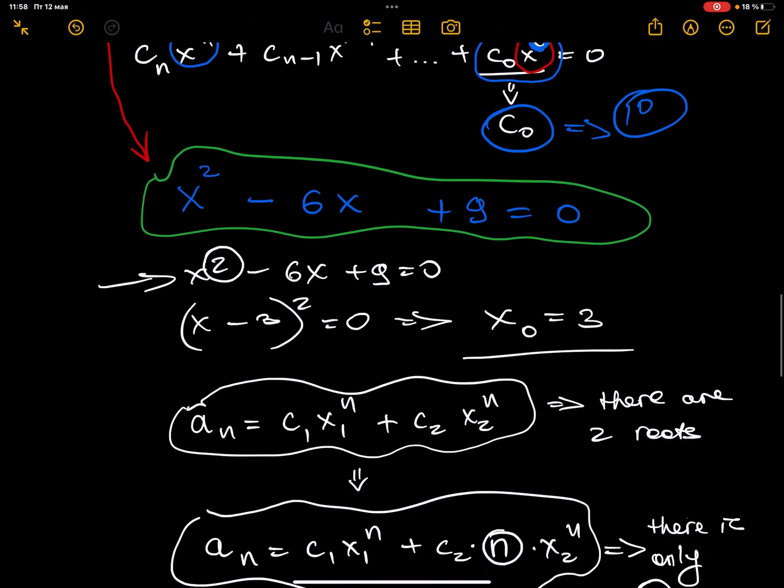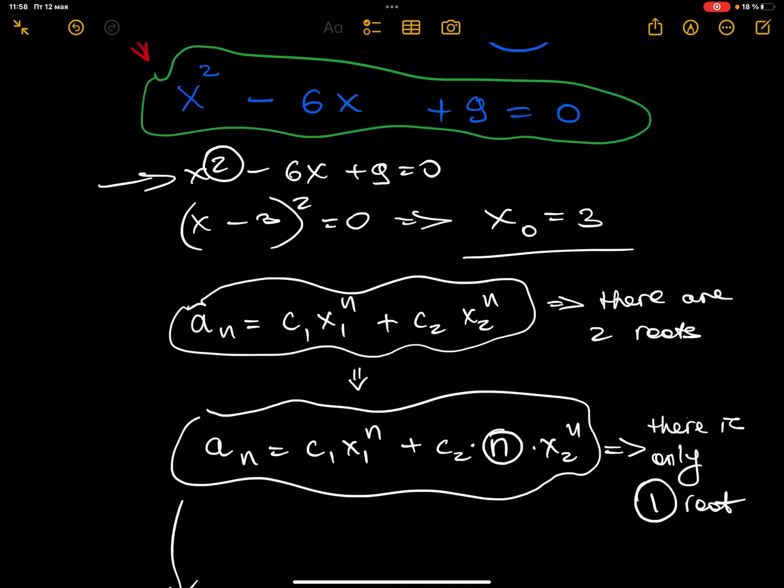A second order polynomial equation has typically 2 roots, third order 3 roots, but in the case where you have just 1 root in a second order polynomial equation, you multiply the second root by n. In the case of a third order polynomial equation, if you have 2 roots the same, then you multiply the second root by n, and the third root by n to the power 2, and so on and so on.